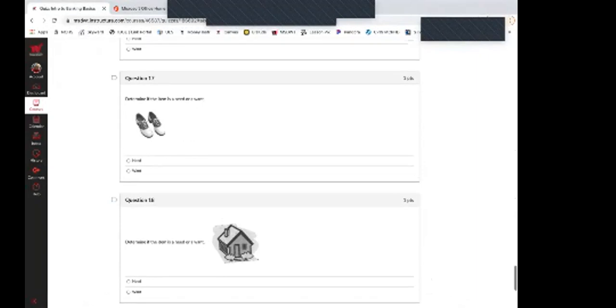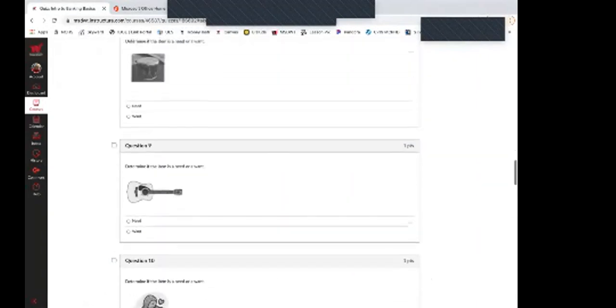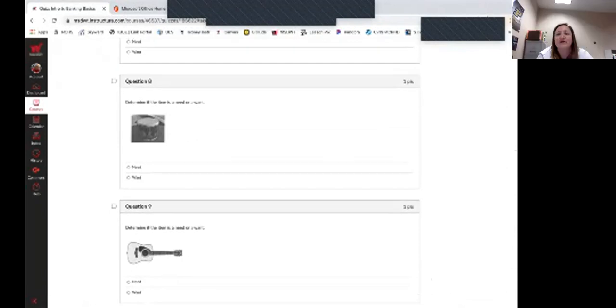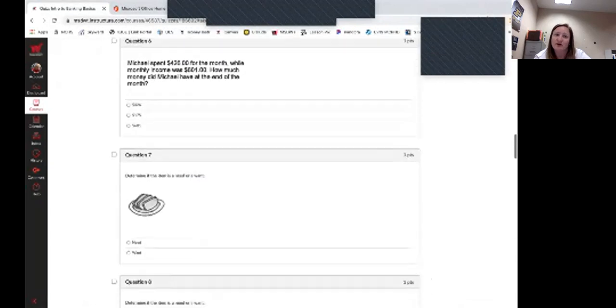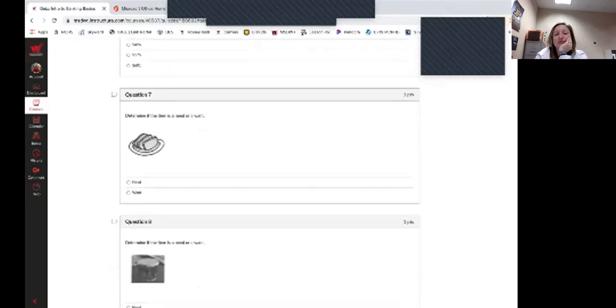What I want you to do, when we're thinking about having a budget and living on our own and moving out, is think about what we want to spend our money on. Are they a need, something we have to have to live, or is it a want? So this first thing, question 7, this looks like some bread, food.